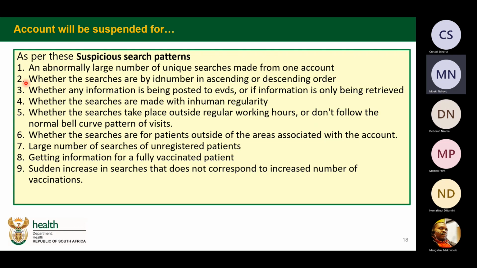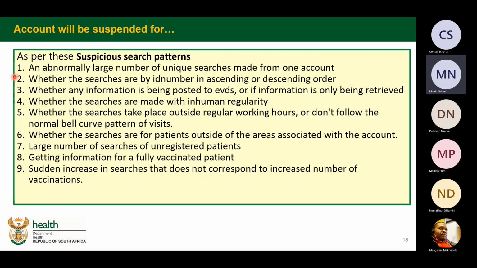So number one, an abnormally large number of unique searches made from one account. So if the people that do monitoring of the EVDS observe this kind of behavior, you will be suspended. And then an investigation will have to follow in terms of understanding why that was happening. Number two, whether the searches are by ID number in ascending or descending order.